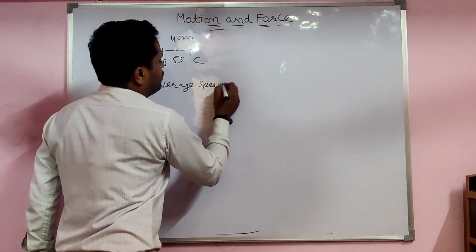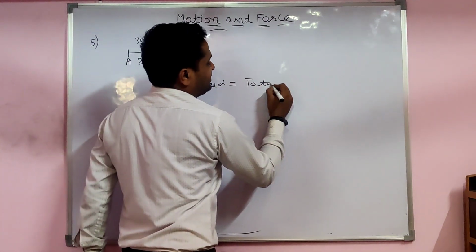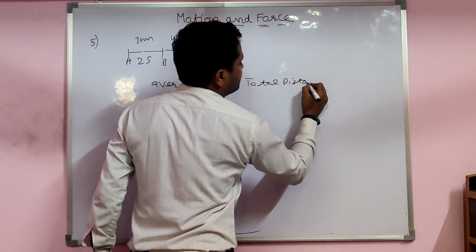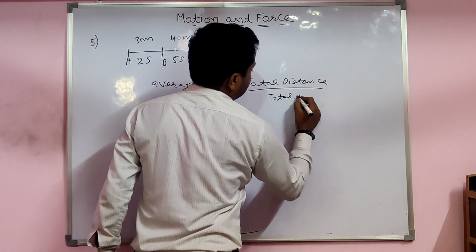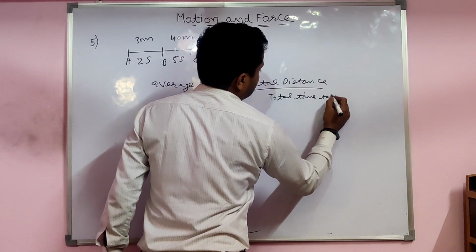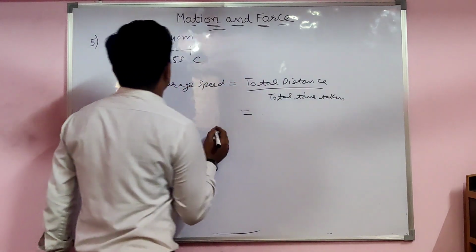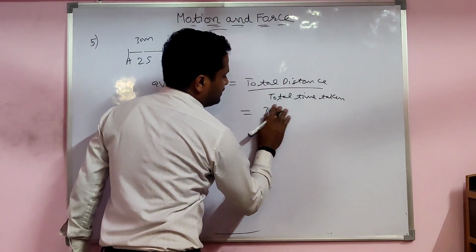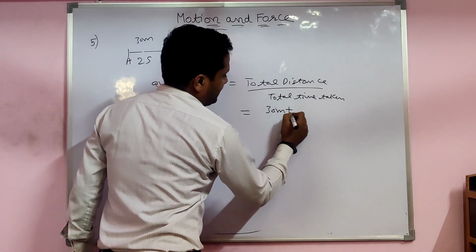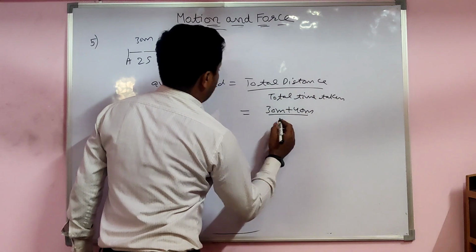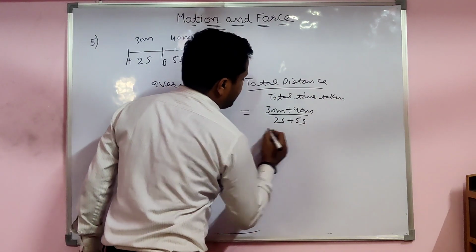Average speed formula you know: total distance covered by the body upon total time taken. So you have to put 30 meter plus 40 meter upon 2 seconds plus 5 seconds.